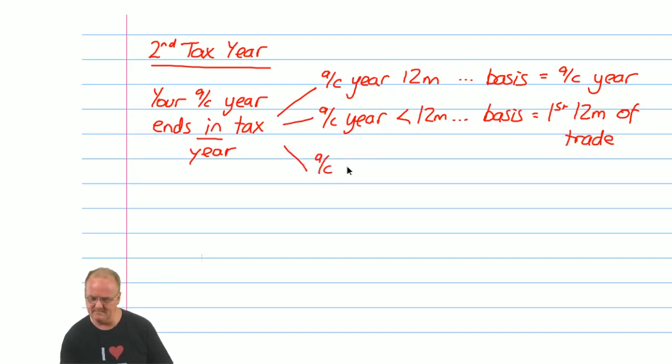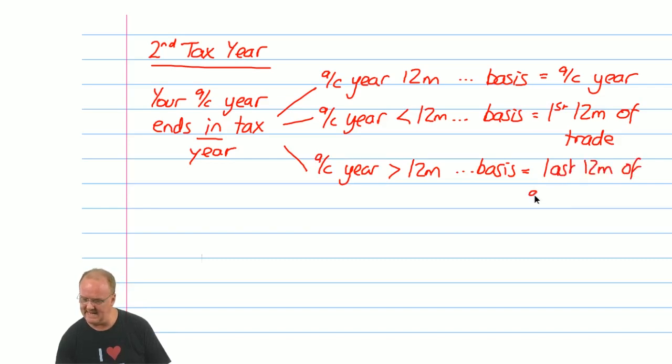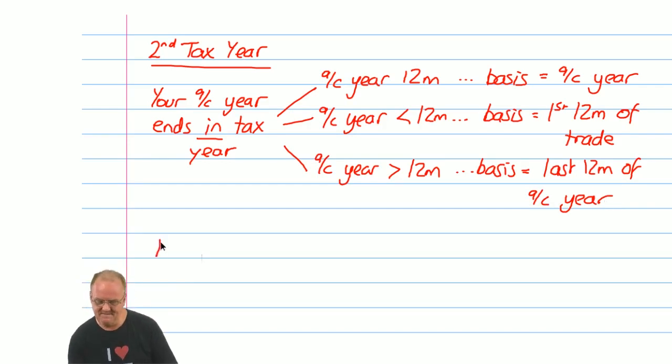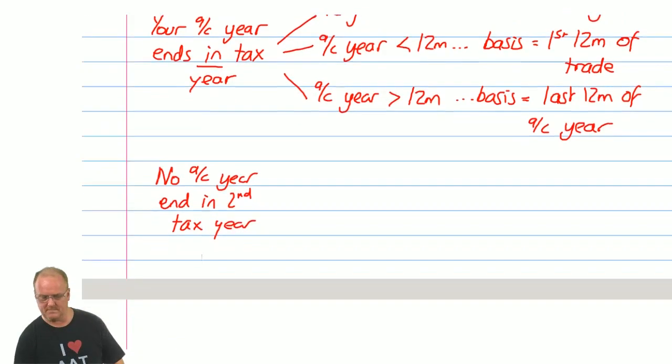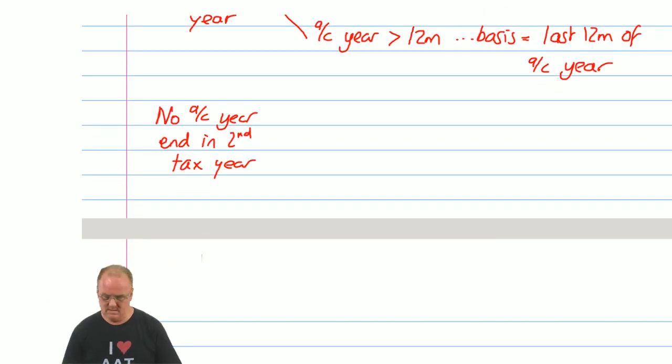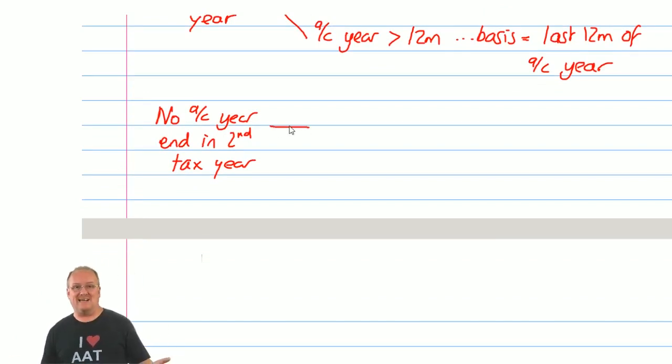If your accounting year is greater than 12 months, then your basis period is going to be the last 12 months of the accounting year. If you have no accounting year end in this second tax year, well, it would be lovely to think you're not going to have to pay any tax at all.